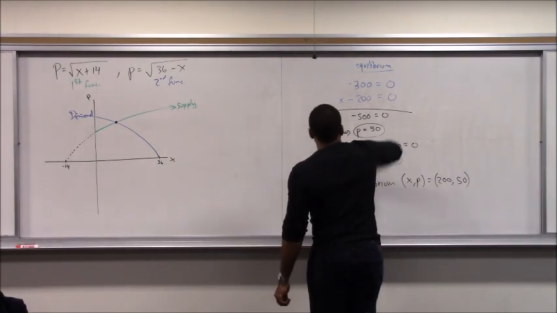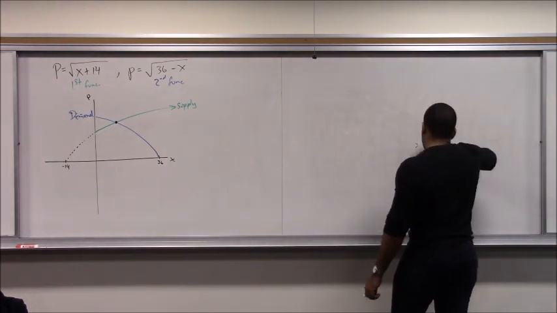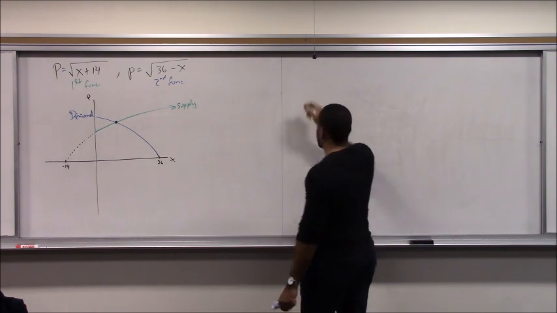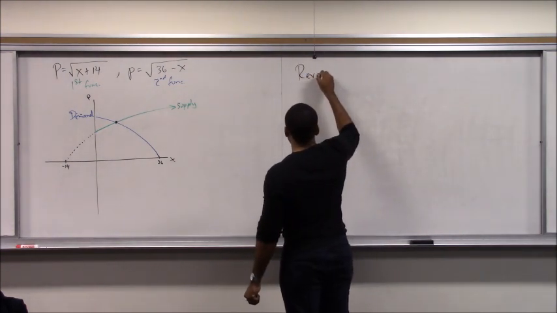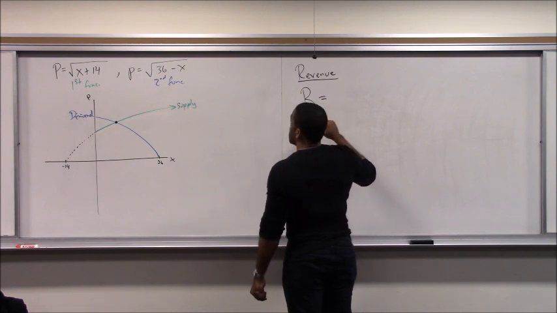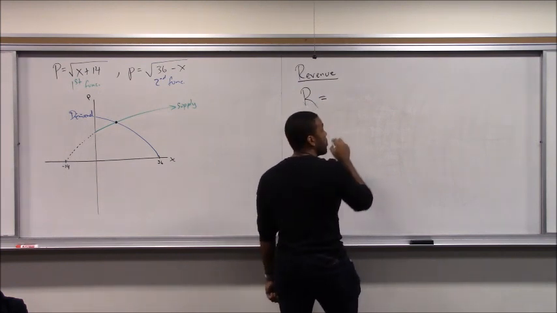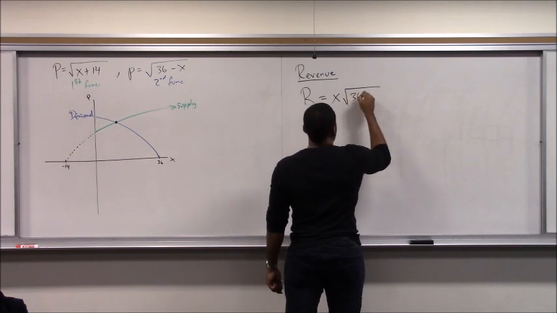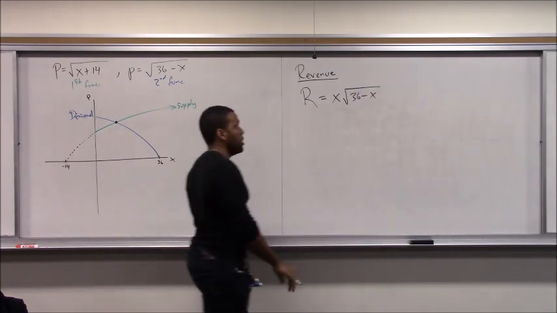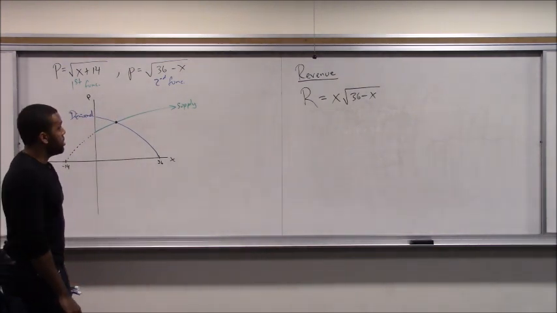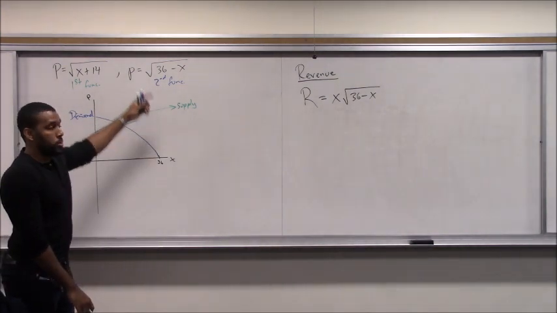Now given that, how would I find the revenue? That would be your revenue function. It's going to be x times the demand function, which we've now identified. It's the blue one.